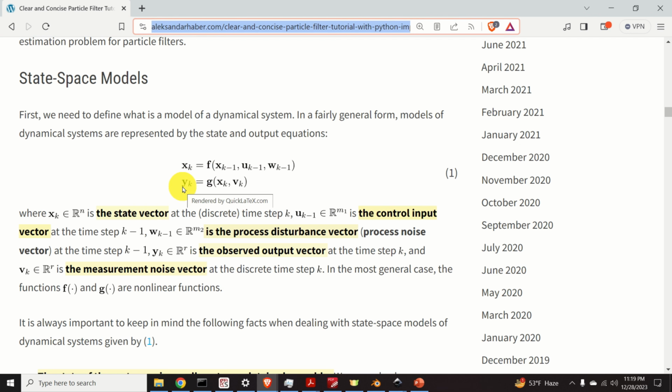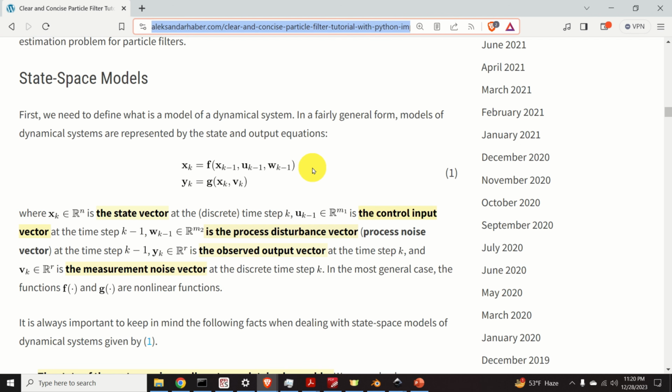yk. Then this vector wk minus 1 is the process disturbance vector. This vector is also called the process noise vector. The exact value of this vector is usually not known unless we use a method to estimate its value. However, we can model the statistics of this vector.